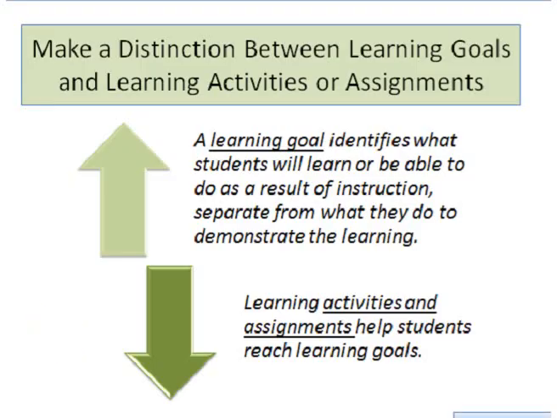It's very important that we make a distinction between learning goals and learning activities or assignments. A learning goal will identify what students will learn or be able to do as a result of the instruction, separate from what they will be able to do to demonstrate the learning. The learning activities and assignments will help students reach the learning goals.